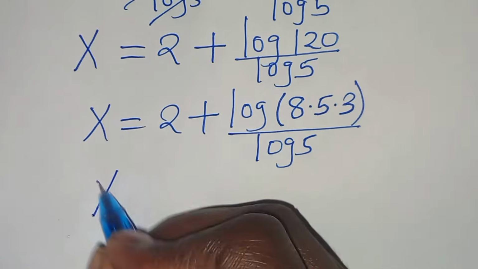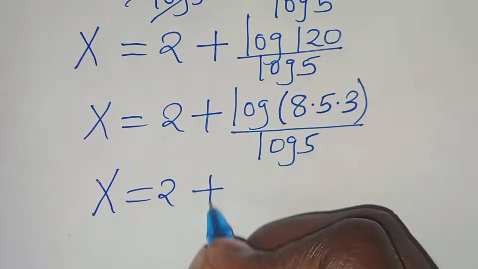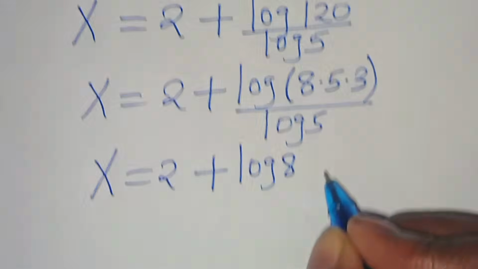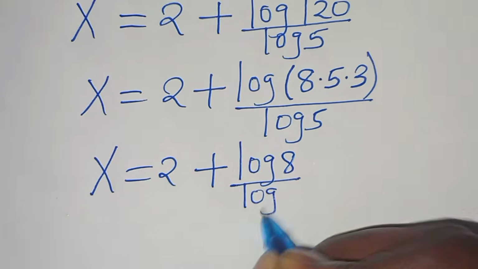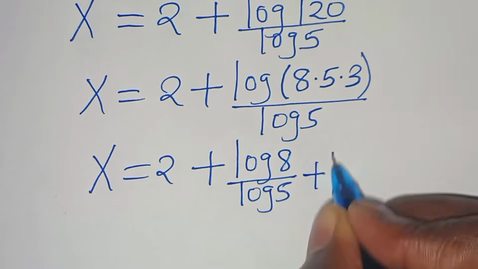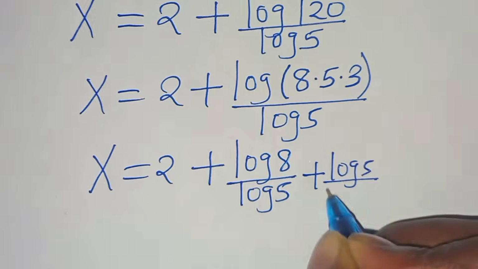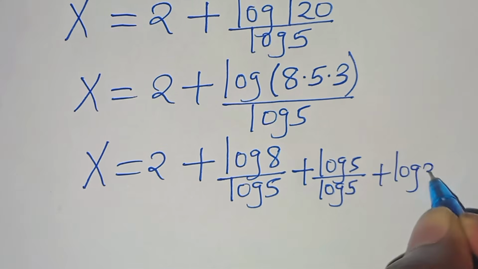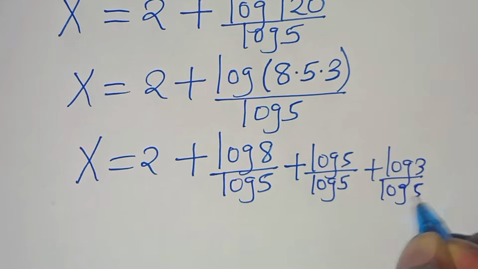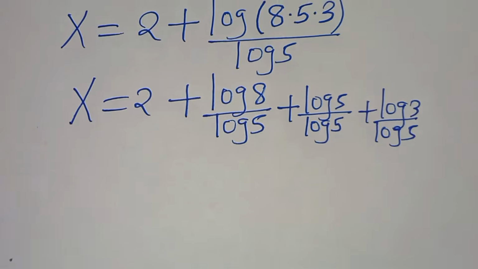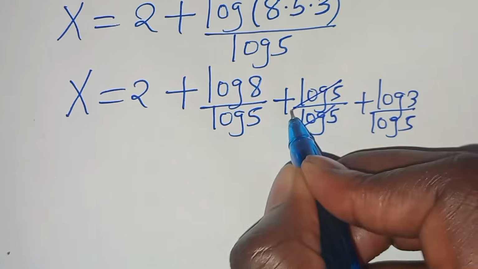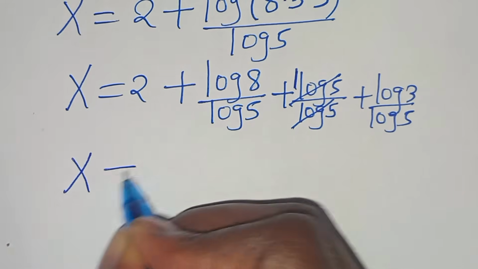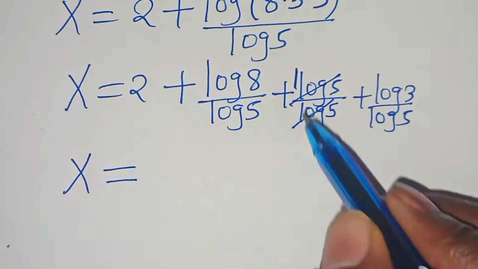So we have x equal to 2 plus log 8 divided by log 5 plus log 5 divided by log 5, then plus log 3 divided by log 5. The next step is to simplify log 5 and log 5 here. So we have 1 here, so that we have x equal to 2 plus 1.